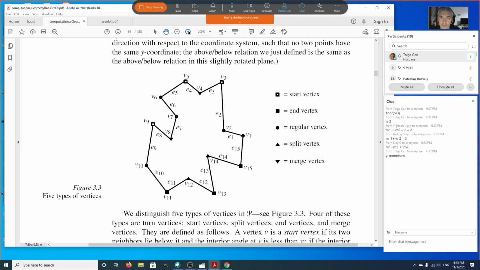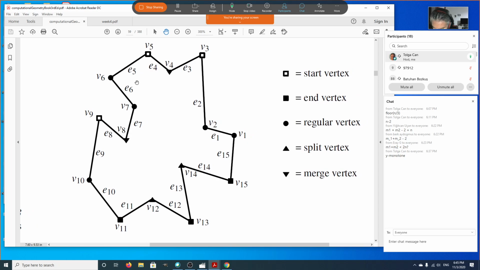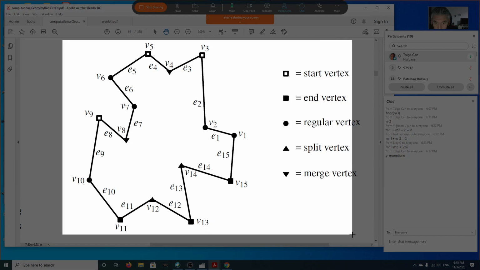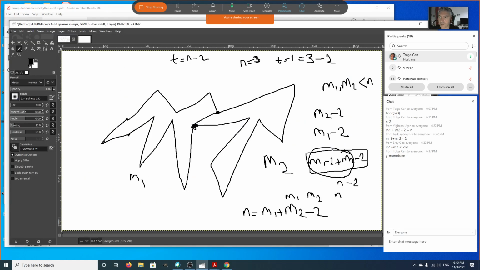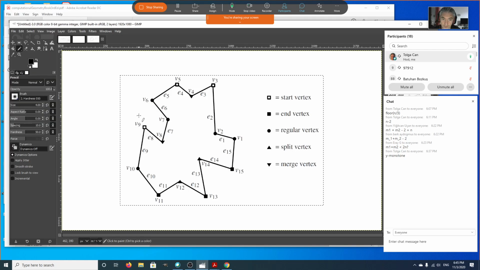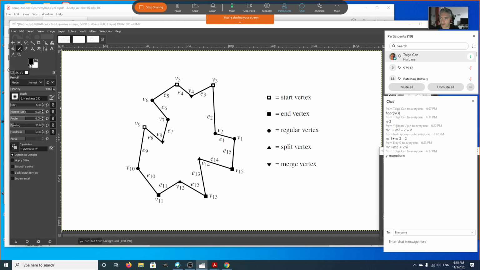Let me zoom in once more and copy this area into GIMP, and I will be able to draw with different colors on it. All right, let's get a new one. Let's copy this one on it. And let's flatten the image. Now I will be able to draw on this with different colors.